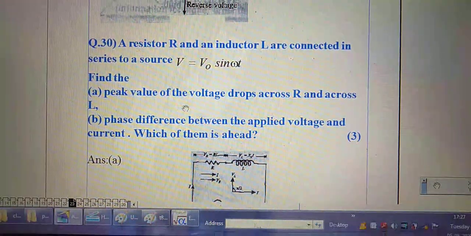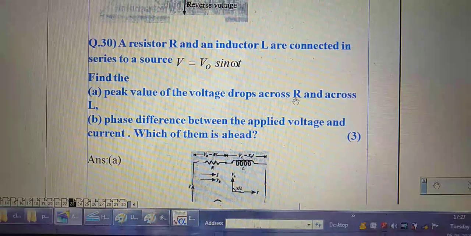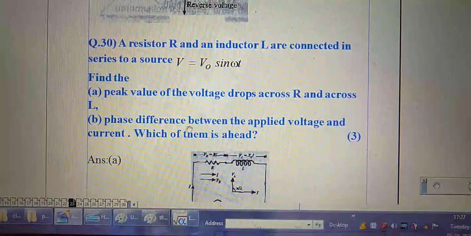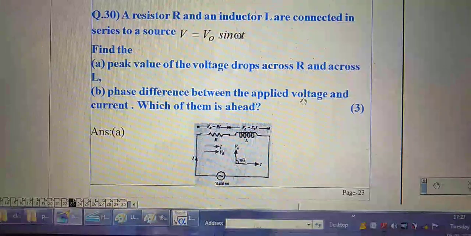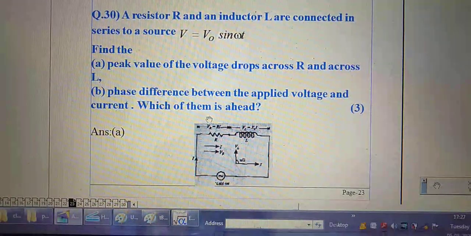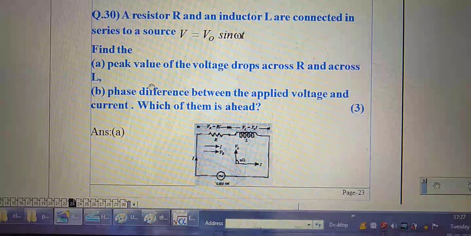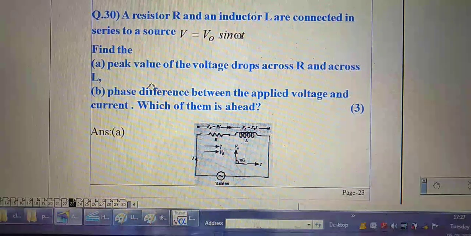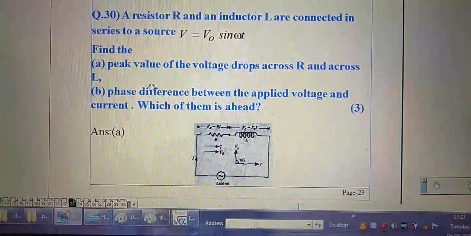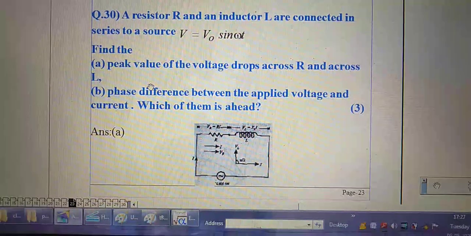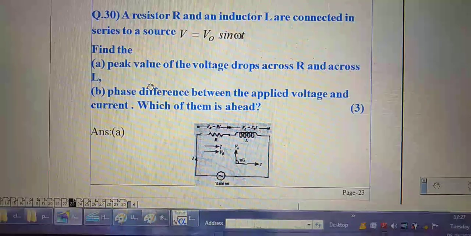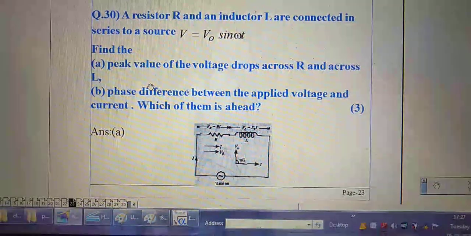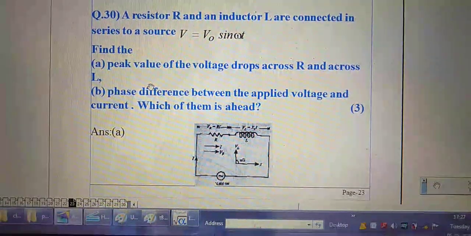Part A: find the peak value of voltage drop across R and across L. Part B: phase difference between applied voltage and current. Which of them is ahead? So we have to find the peak voltage for R and L, then find the phase difference, and also show which one is ahead.